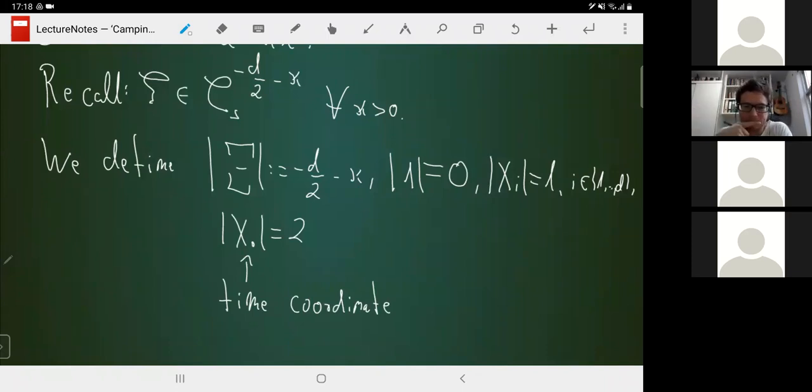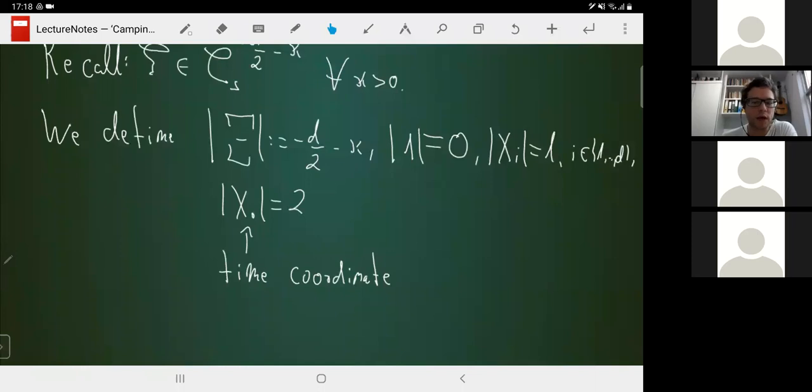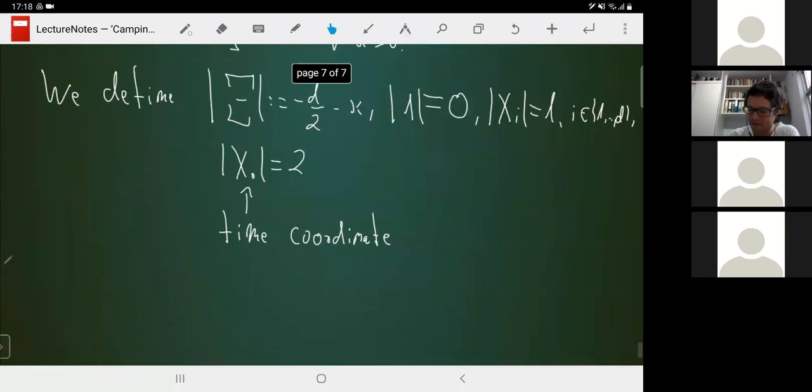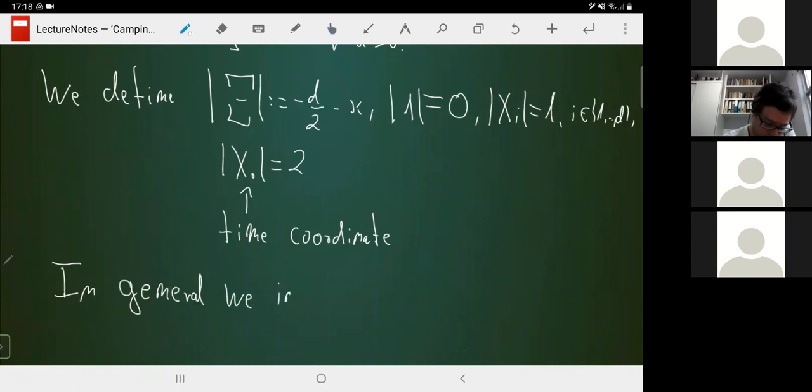Now, we multiply these symbols and do all kinds of things with them, so we need to come up with a rule for how the order behaves under compositions of these symbols. In general, we impose the following rule: if you multiply two symbols, tau and tau bar, then the order is the sum of the orders.